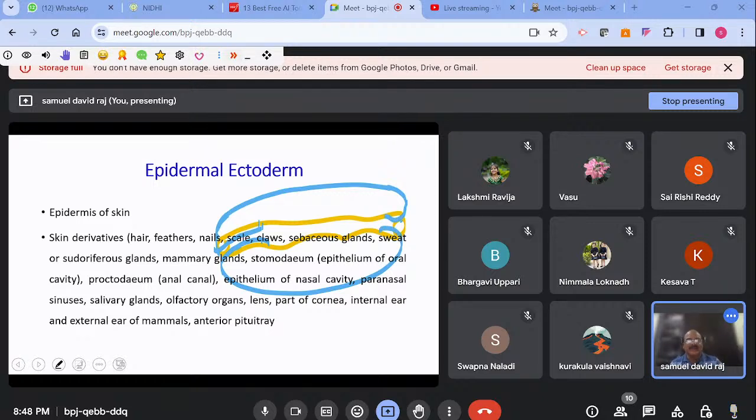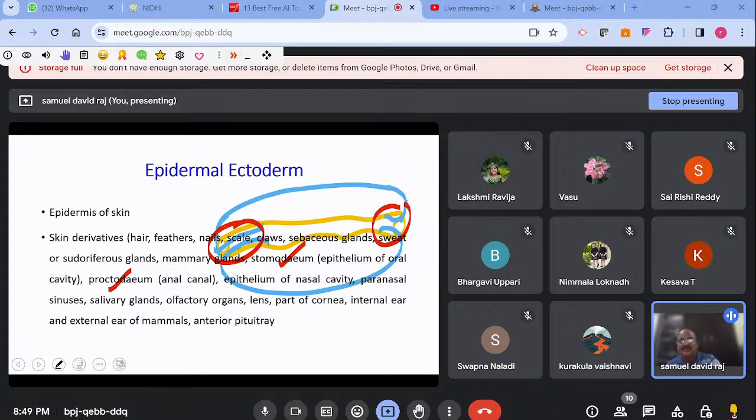Okay, and this region of the alimentary canal, which is lined internally by ectoderm, is called stomodium. Stoma means mouth. Okay, stomodium. And this region of the alimentary canal, which is lined internally by ectoderm, is called proctodium.